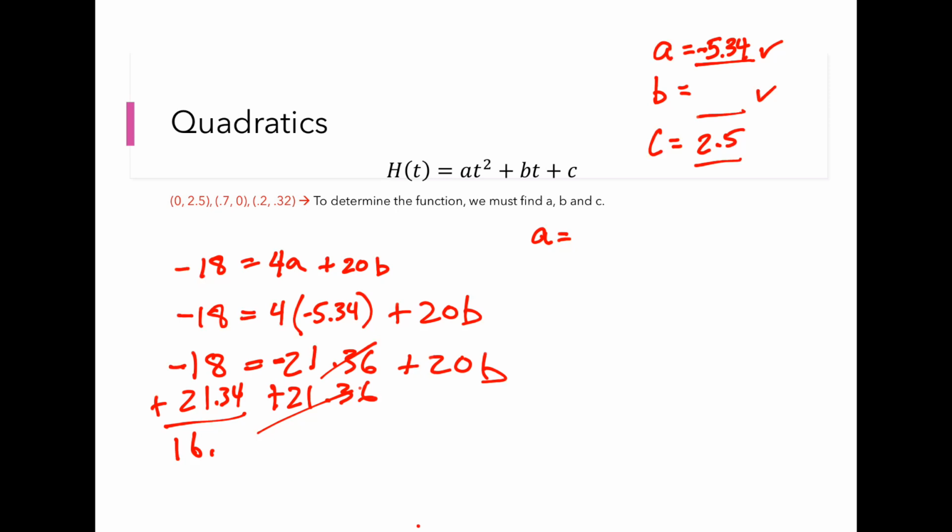Let me rewrite that, that was incorrect. Adding these two together, we actually get 3.36. Sorry, I'm making some errors here. Then we have equals 20b, and we divide both sides by 20. I get b is equal to 0.168.